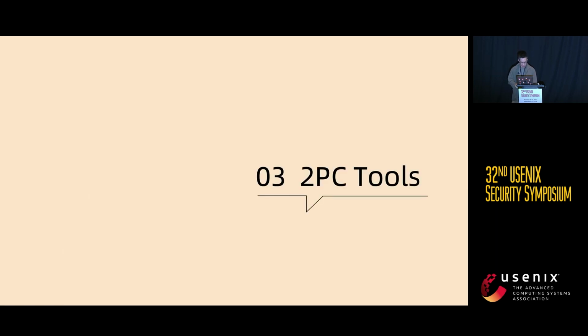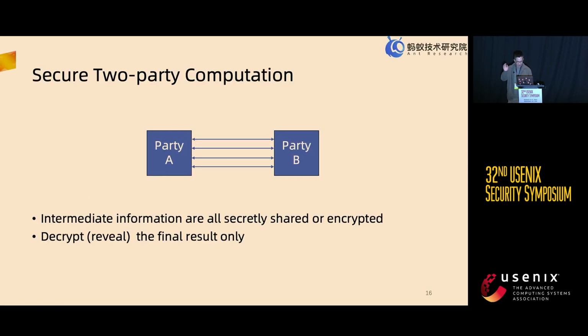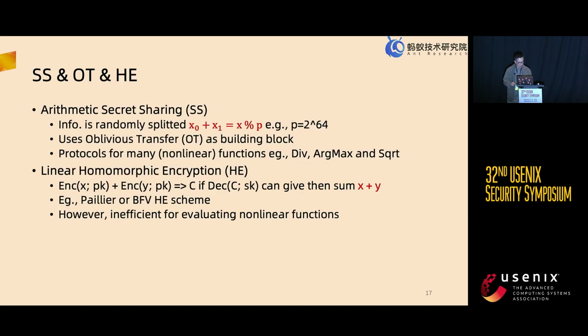Okay, here are our tools. In a very brief view of 2PC, all the messages in the middle are secret shared or homomorphically encrypted. And we only decrypt the final result, like the threshold and the attribute index. So we mix secret sharing, using oblivious transfer as the building block, and linear homomorphic encryption.